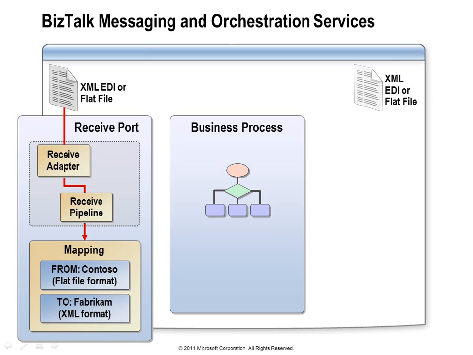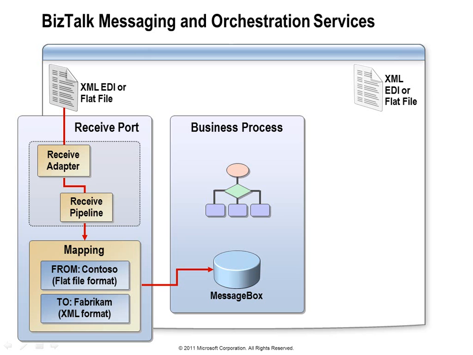Once that conversion is complete, that message is going to be stored in a database which is referred to as the BizTalk message box. Any message that passes through BizTalk will be stored in the message box database, and BizTalk will not only store the content of that message, it will also store metadata that describes that message.